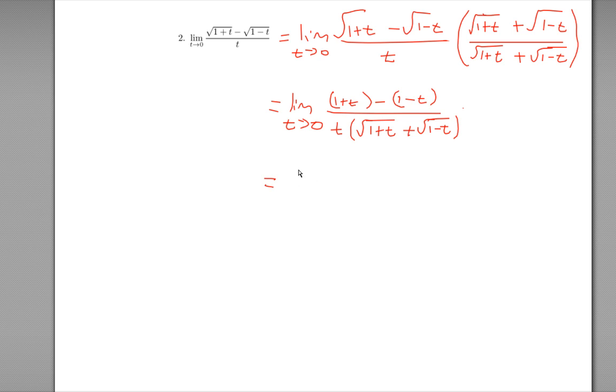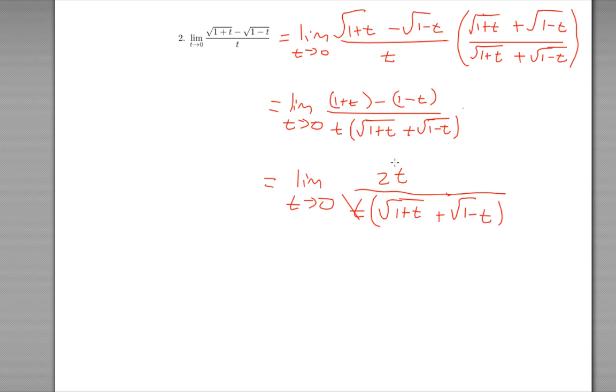So let's simplify the top now. The limit as t goes to 0 of 1 minus 1 is 0, and t minus minus t is 2t. And now the bottom is t times all this nonsense that we have in here, the square root of 1 plus t plus the square root of 1 minus t. Okay, so that's all on the bottom. And now we get this nice cancellation that we wanted.